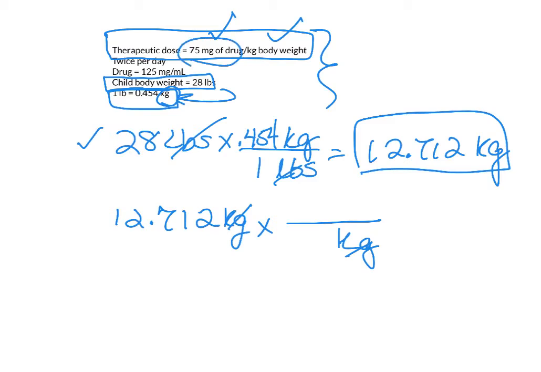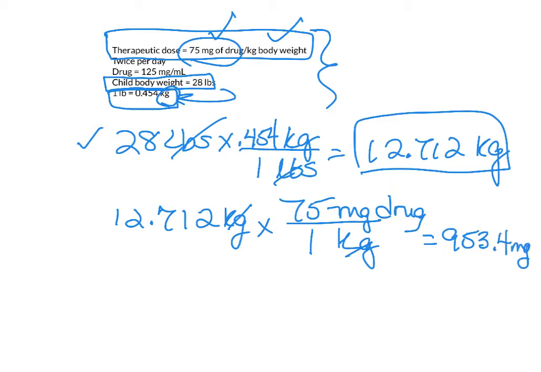The units in the numerator will be milligrams of the drug. And then plug in the appropriate numbers. When I do that calculation, it's 12.712 times 75, and that says that I need 953.4 milligrams of the drug.